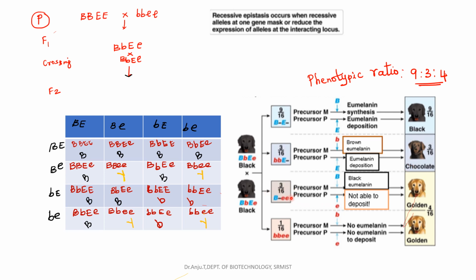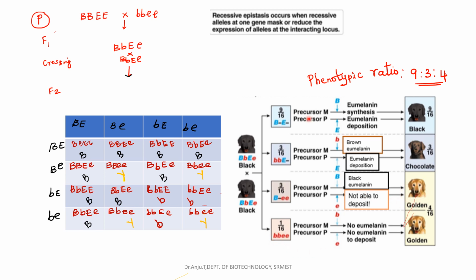And here, when the recessive allele for the deposition, small e, is present in a homozygous condition, it is going to mask the effect of the color producing pigmentation gene, whether it is in the dominant form or in the recessive form. So there won't be any deposition of the pigment. Even if the pigmentation gene is in the dominant form, if the second gene for deposition is in the recessive homozygous form, then there is no deposition of the pigment. So the fur coat will be yellow.